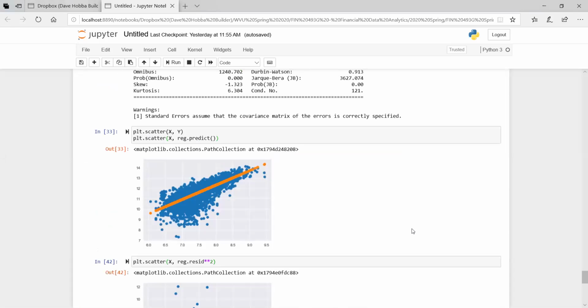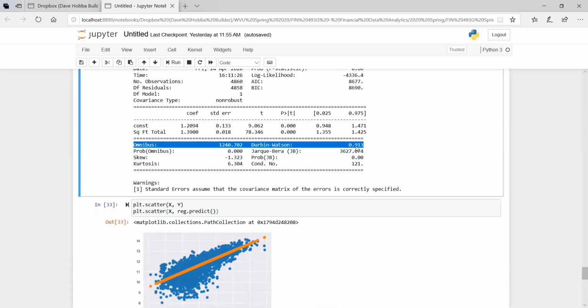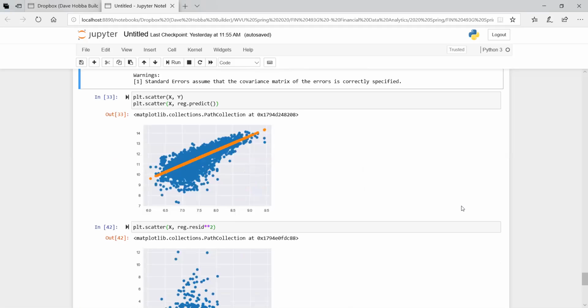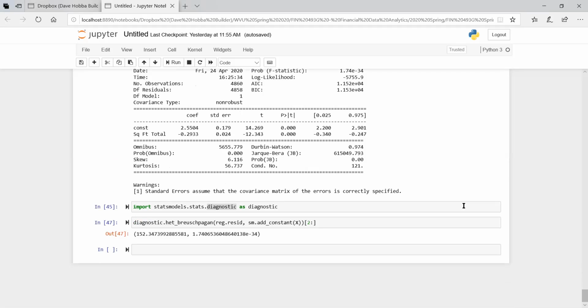Just notice it's looking at the wrong one. This is the actual model, this is what we need to be looking at, but still it's 0.913. So autocorrelation is present in this regression model. This violates 2 assumptions of the Gauss-Markov assumptions.